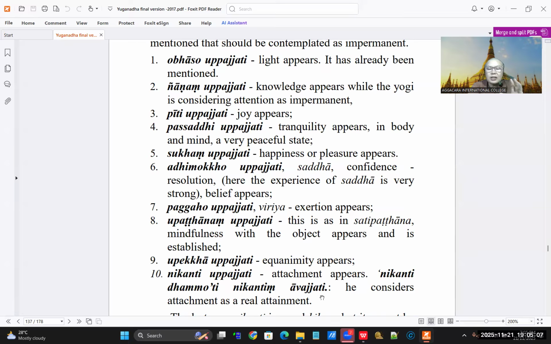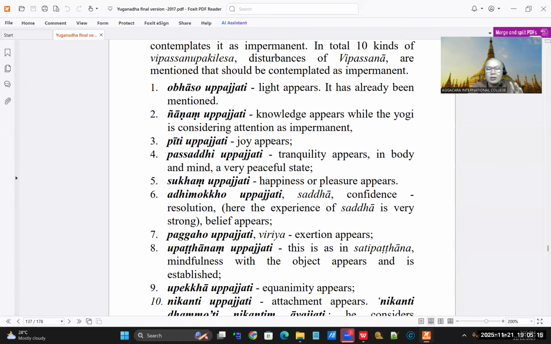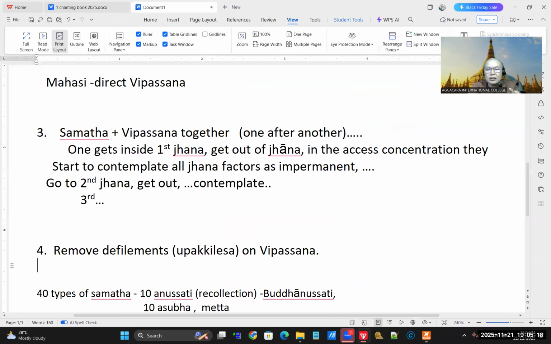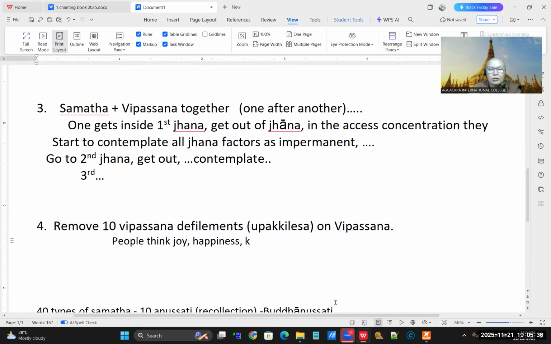Okay. So even though these 10 are considered defilements of vipassana, so we have this name, Vipassanupakkilesa, right? But only the 10th is considered the real one. So people think joy, happiness, knowledge, tranquility are real or are enlightenment, right?